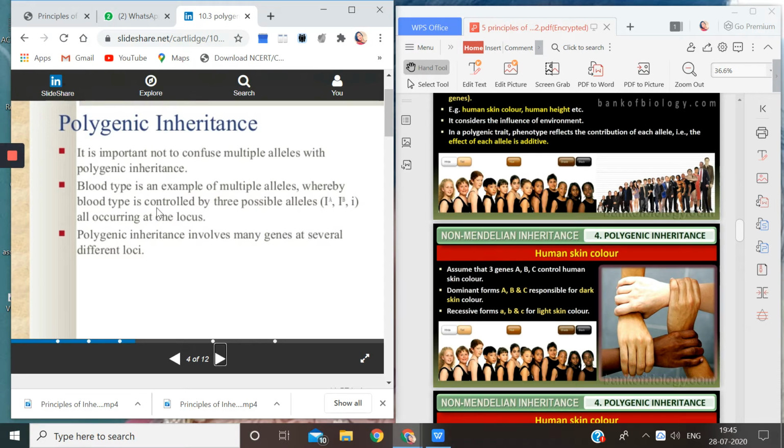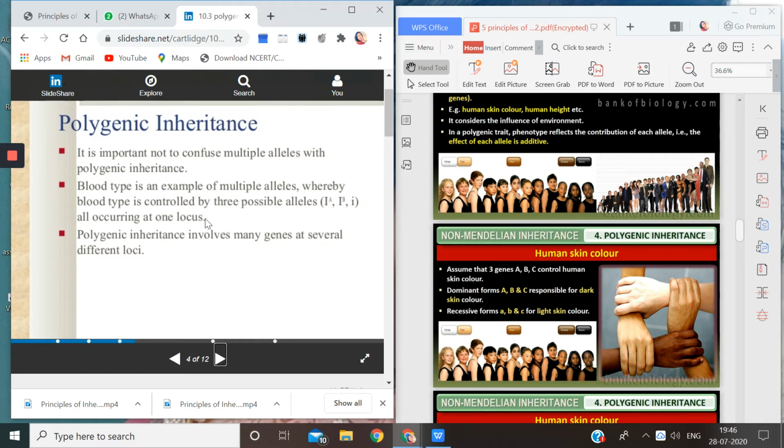What is a locus? It is the location where the gene is present on the chromosome. So all three alleles of the blood group occur at one locus.